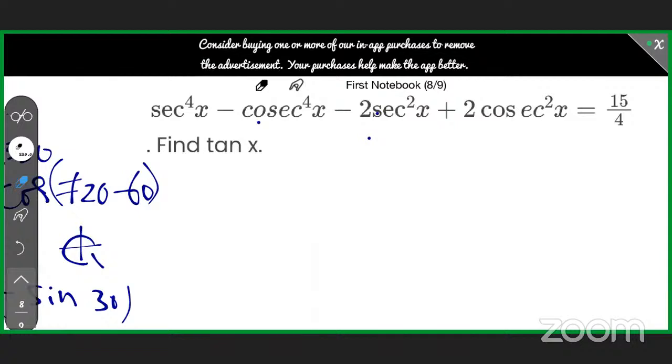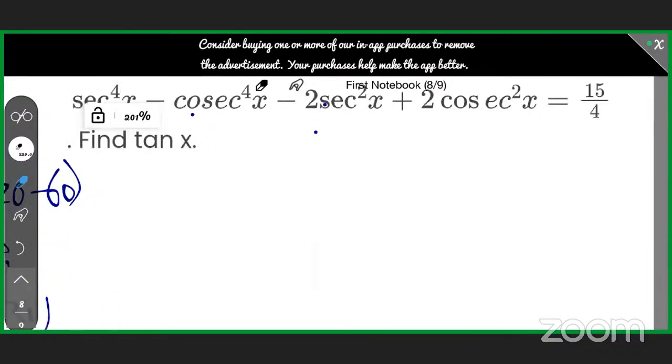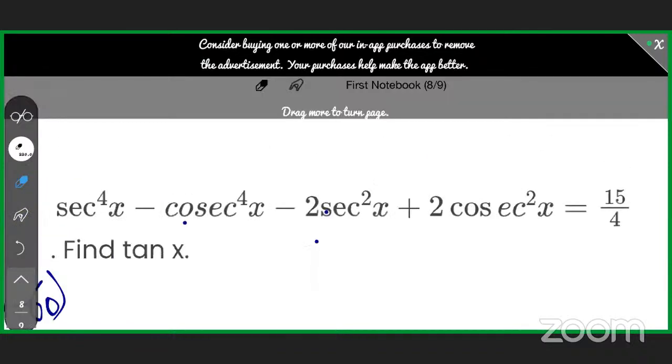The next problem is secant. So the question is very simple. Let's listen.